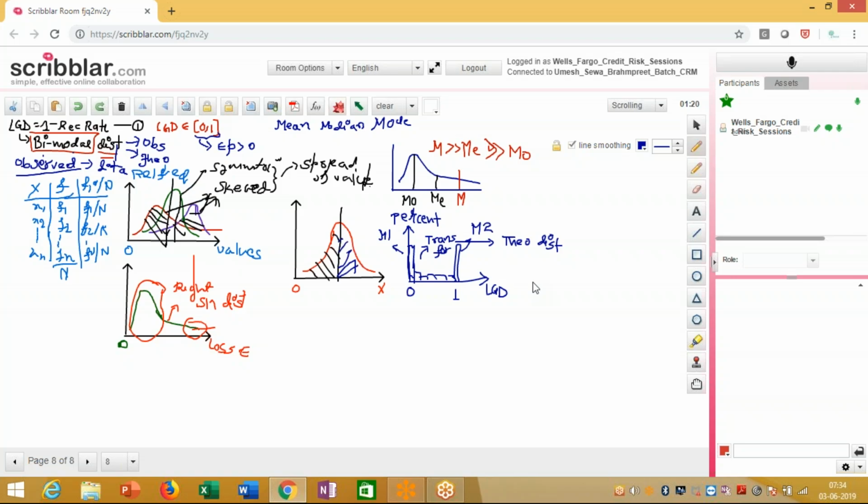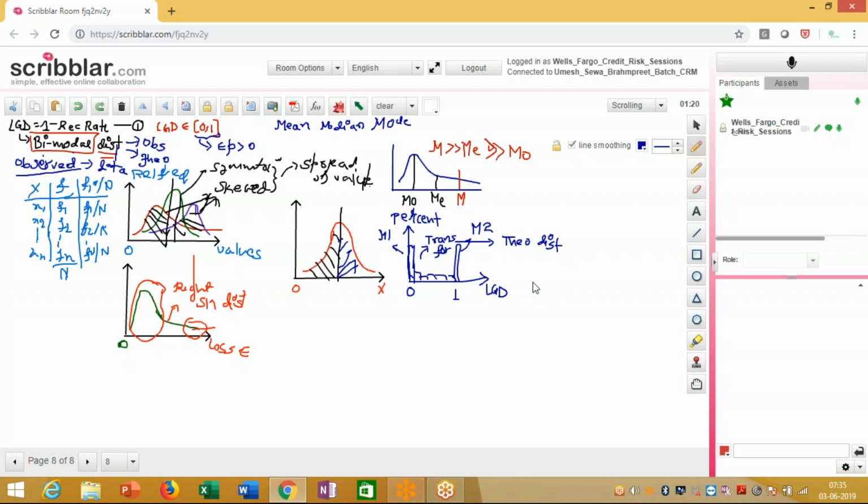Now before I close off, I'll again explain why we need the transformation. When you are developing a model, you cannot develop a model on a very abrupt distribution. The distribution must have a pattern, some kind of symmetry. So either you need a typical symmetry or a typical asymmetry.